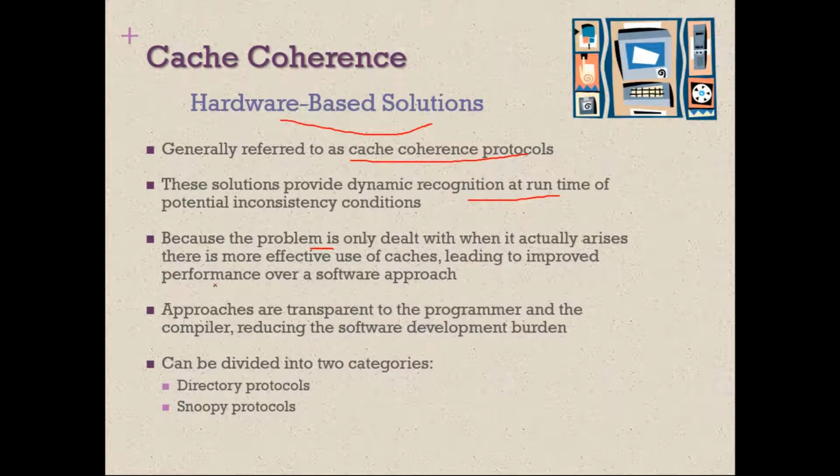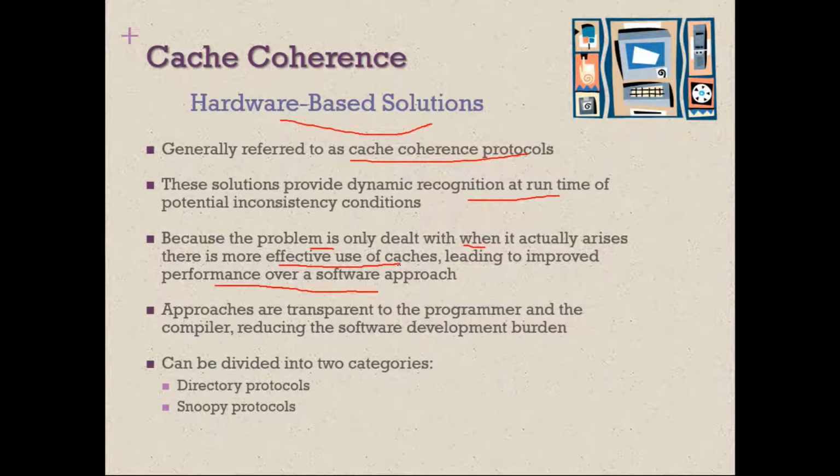They provide better performance than the software based approach. Also they need not do anything which is not really required. Only when the problem occurs, the hardware based approach is going to do something. Unless a problem occurs, it is not going to do anything.